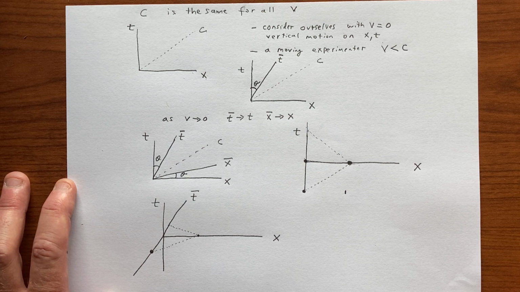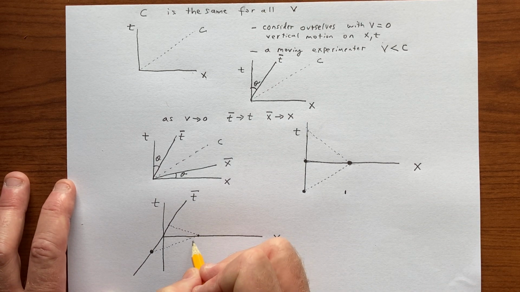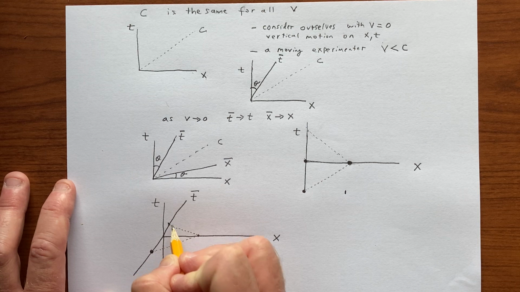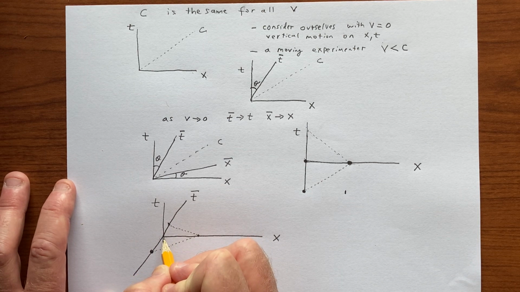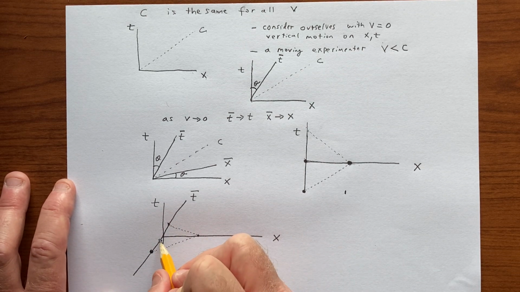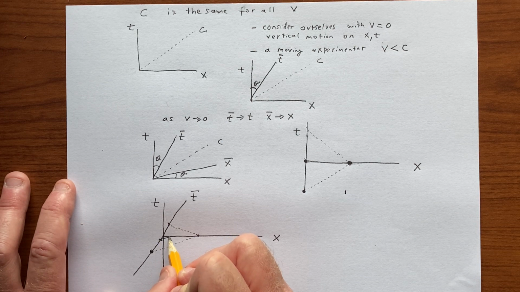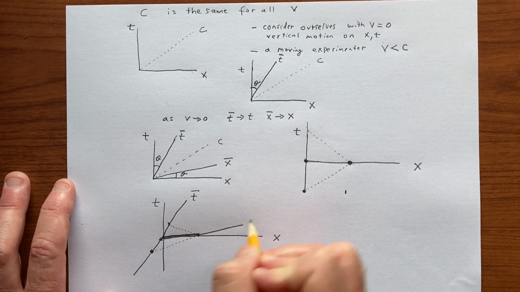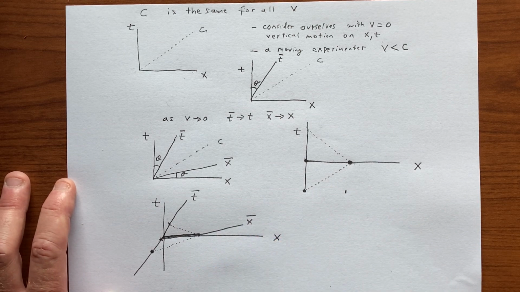Not the best drawing, but what we get is that time in between these two is below here, because this is tilted this way, so it's really somewhere down in here. My drawing wasn't very good, but then this makes the x bar axis go like that.